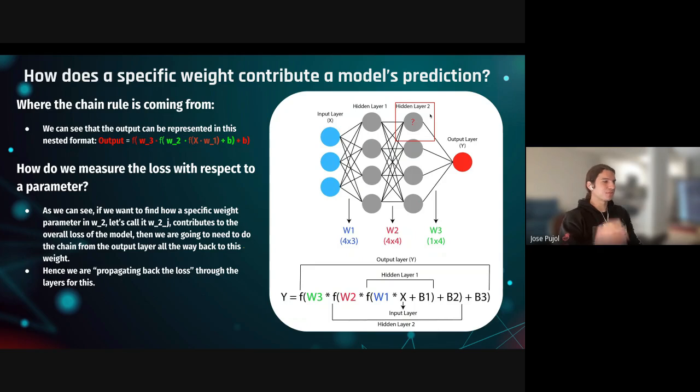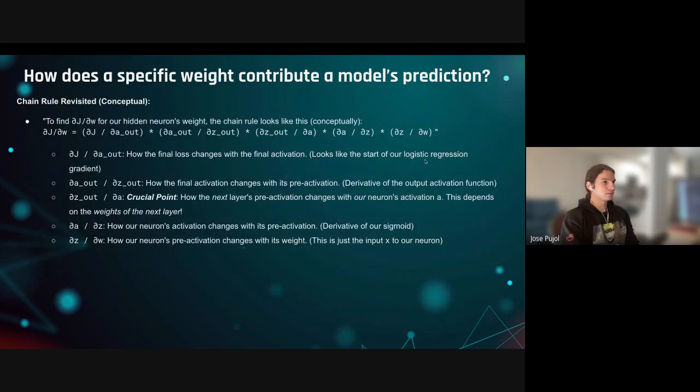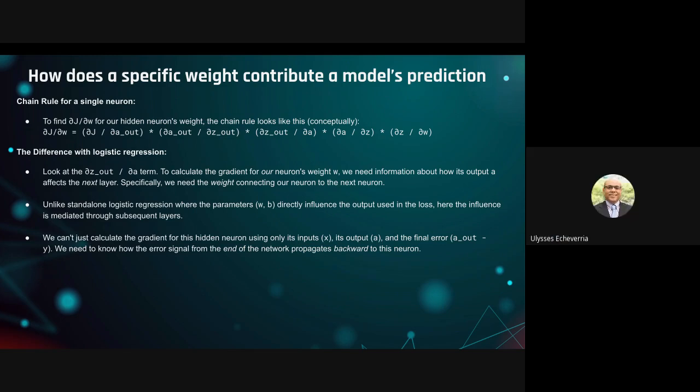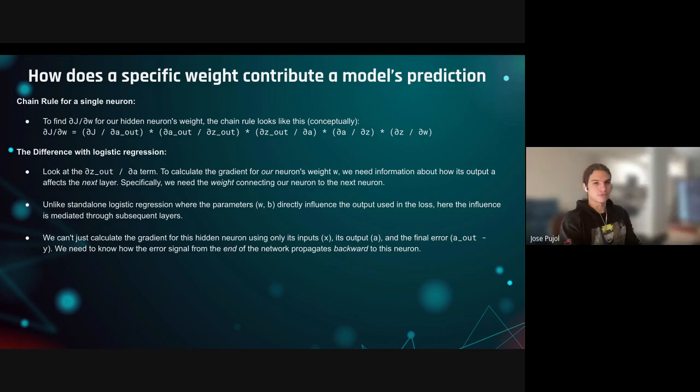But the activation of that neuron in that hidden layer depended on its pre-activation, which is essentially like this here. And that pre-activation, as you can see, depends on W. So if we want to find the parameter W, then we need to do this chain right here. Please tell me that makes sense. Yeah, it makes sense. Okay, beautiful.